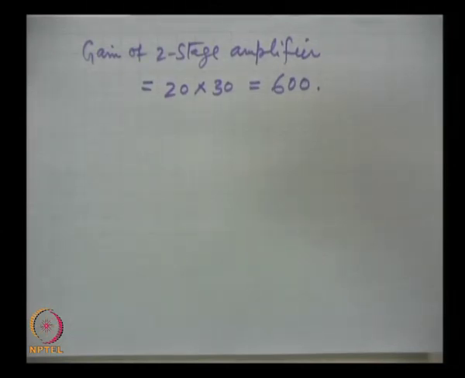Now, we have talked about the decibel scale, dB scale. When gains are expressed in dBs, then for a multi-stage amplifier the dBs are additive, because dB is a log scale. So, the product becomes an addition in logarithmic algebra.